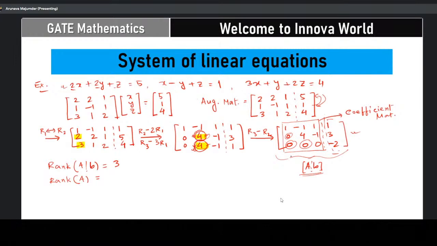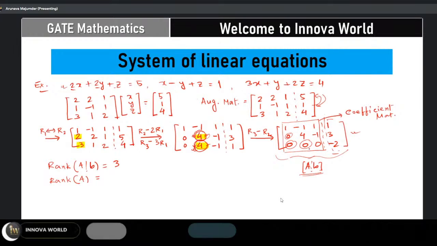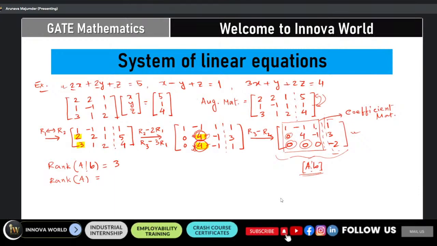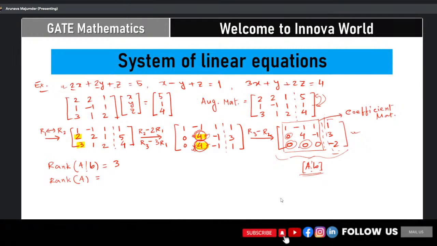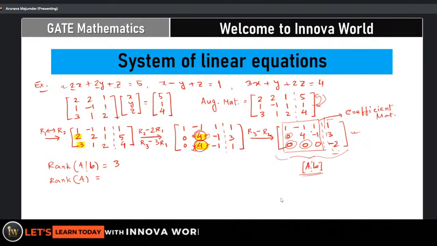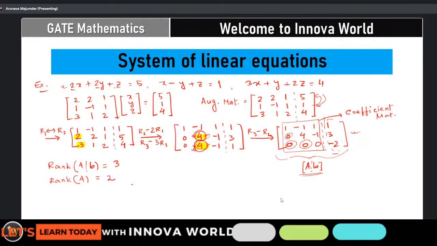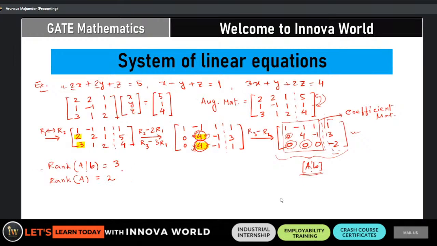What is the rank of this matrix? How many non-zero rows are there? The first row is non-zero. The second row is also non-zero. The third row is a 0 row. So the number of non-zero rows here is only 2. So the rank of A, that is the coefficient matrix, is 2 here. Are they the same? No.